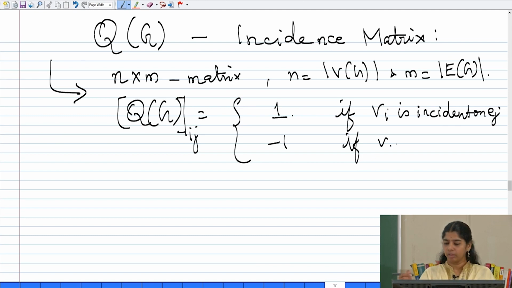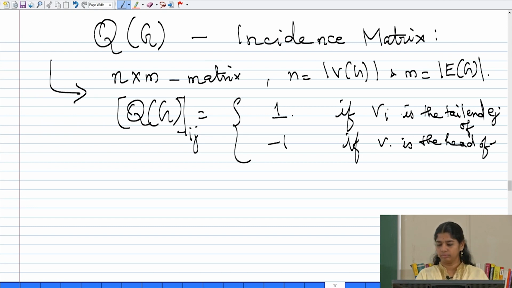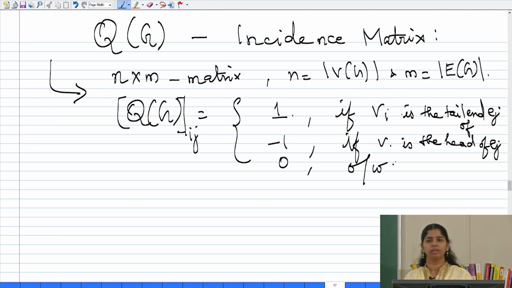Again, I cannot use this word incident here. So Vi is the tail end of Ej, and 0 otherwise. That is, if the vertex Vi and the edge Ej have no connection between them, then there is going to be 0.